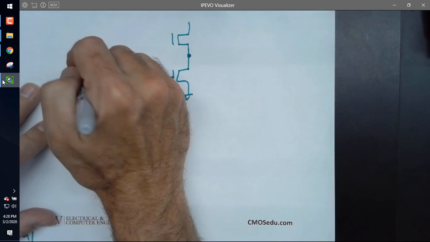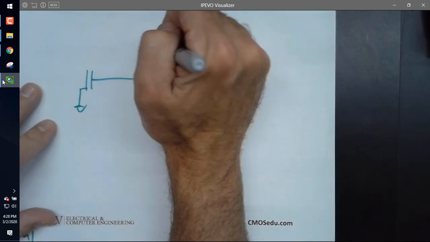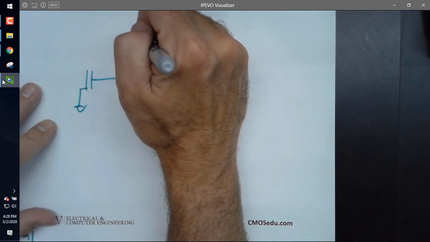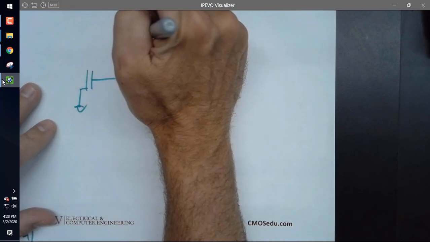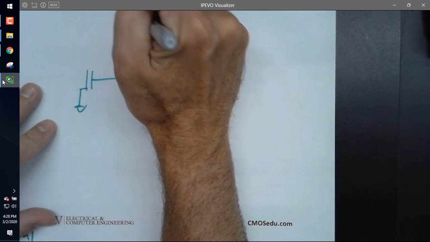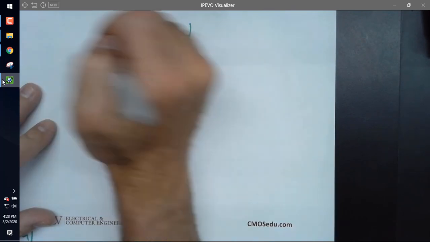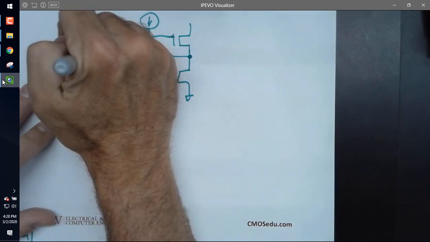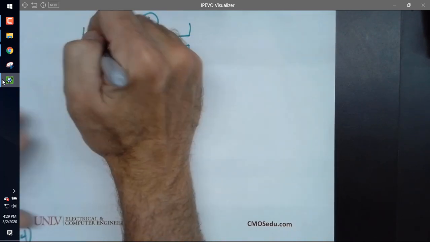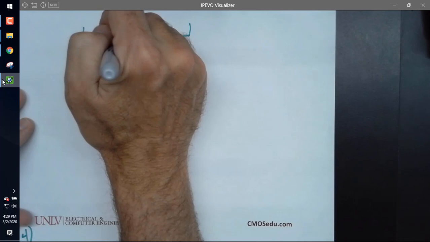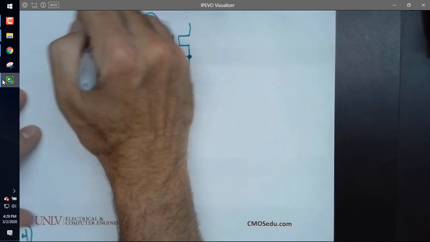So we have our current mirror here, and then we come over here. And this goes to our quarter length device. And I'm going to show you a sim of this in a second.